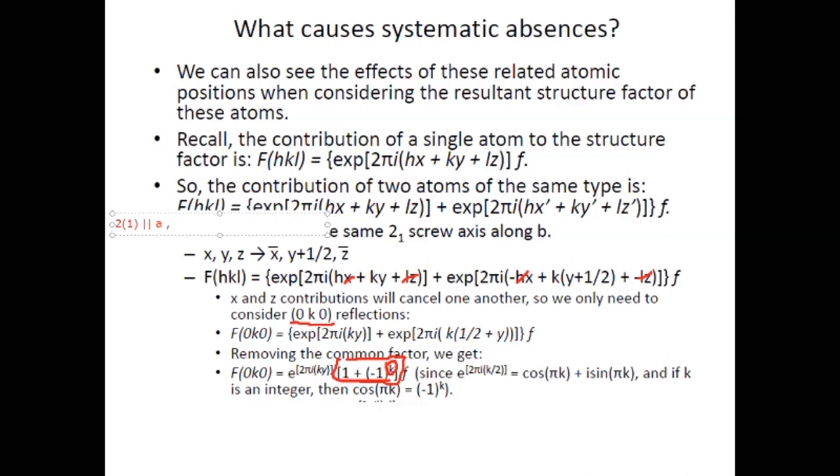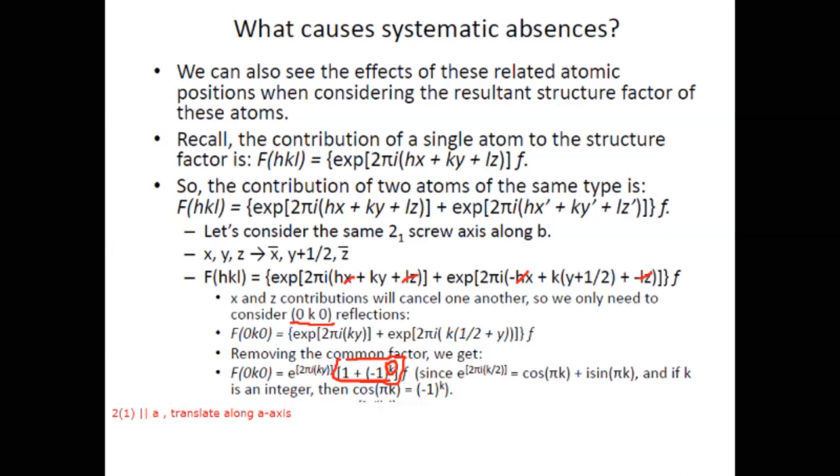The A axis. So with a 2-1 parallel to A, we translate along the A axis. Just like in this 2-1 parallel to B, we translate it along the B axis.